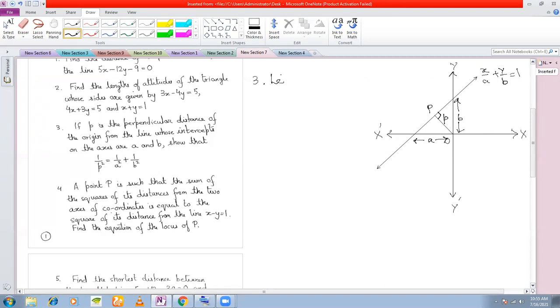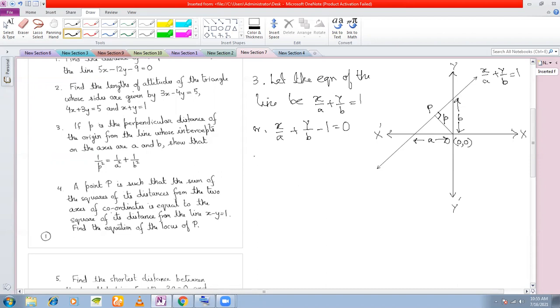So I start by saying, let the equation of the line be x by a plus y by b is equal to 1. Or you can also write this as x by a plus y by b minus 1 is equal to 0. Now p is the length of the perpendicular from the origin. What are the coordinates of the origin? 0, 0. Okay.